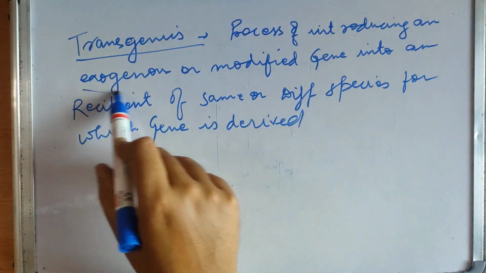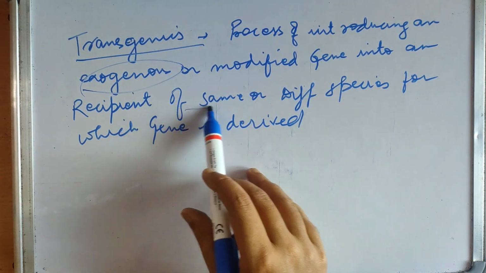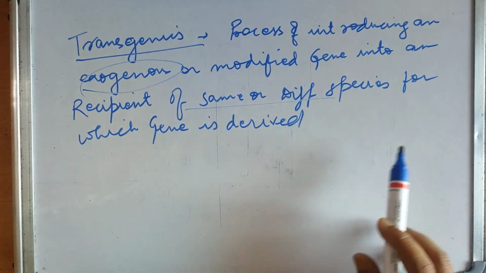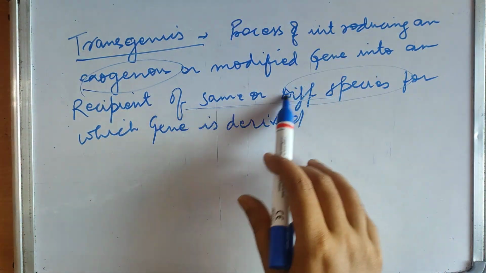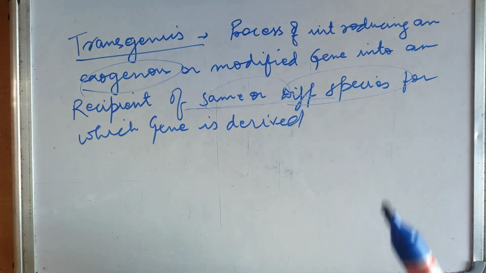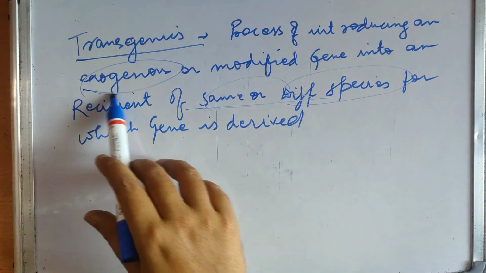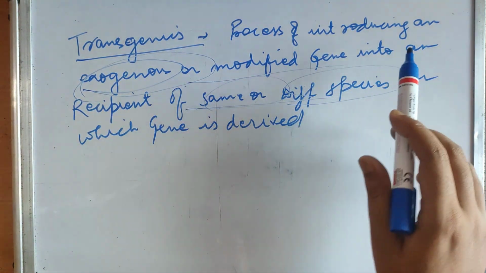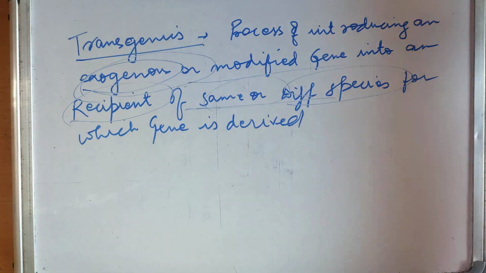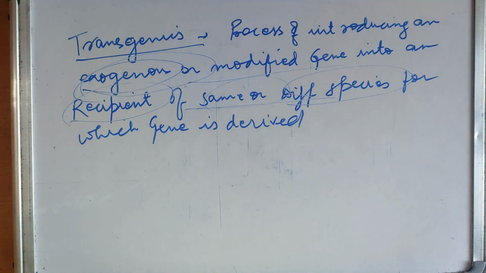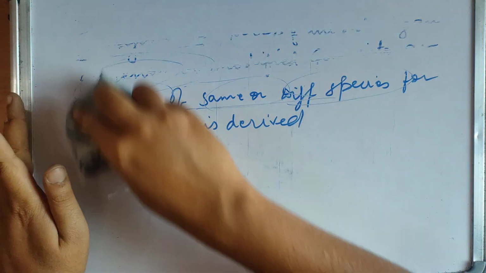So it can be introduced in the same species or in a different species also. It is the process of introducing exogenous or modified genes into a recipient which requires this gene. So this was about transgenics. I hope you all understand.